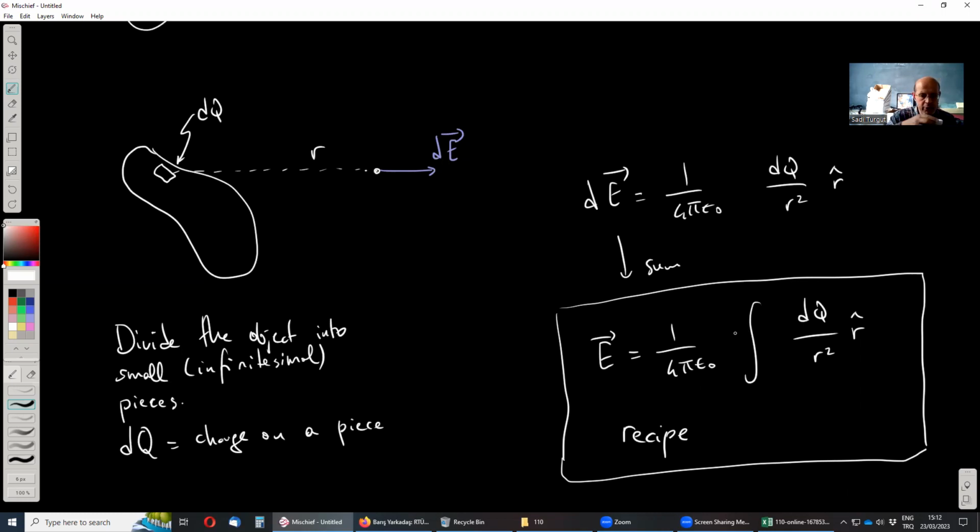There are many problems like that. I'm not going to solve any of them; I'm just going to say something more about these. First of all, this is a recipe. Second, since this is a vector expression, I have to do a vector integration. But it is quite hard to do this with vectors. Instead, people look at the components. We have a radial unit vector here, which also depends on the point in question.